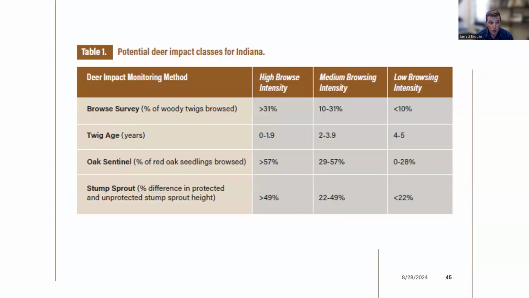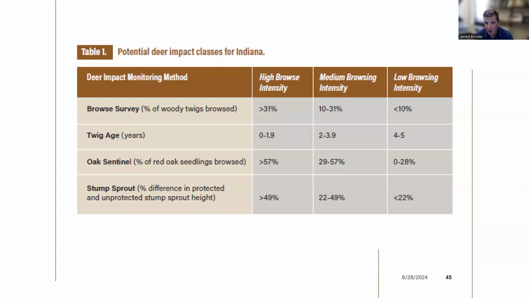Through our research and through different things that we've done at Purdue, we have developed scores that tell you the level of intensity of browse in your woodland. What we found was that if you have a twig age that's less than 2 years old, on average in your woodland, you have high browse intensity. If you have low browse intensity, your twig age is probably more in the neighborhood of 4 to 5 years old.